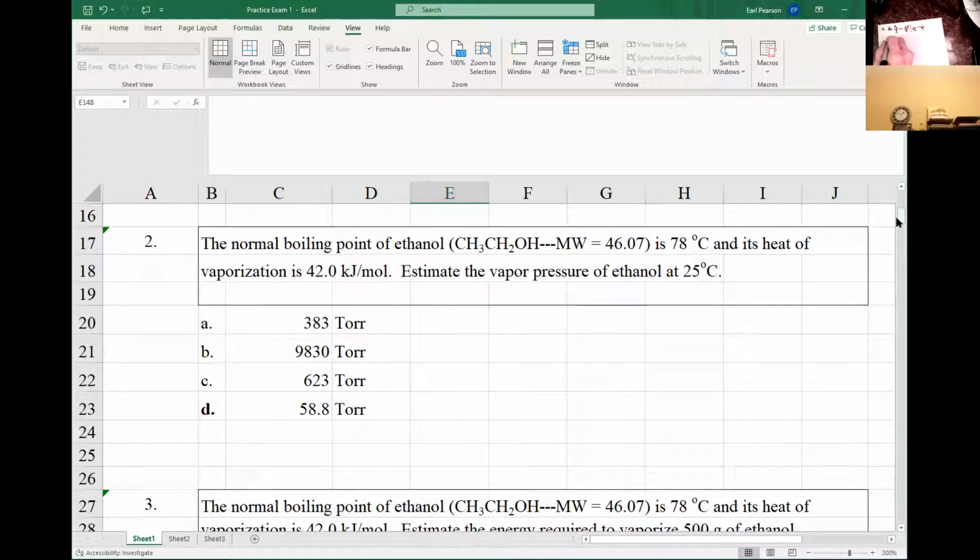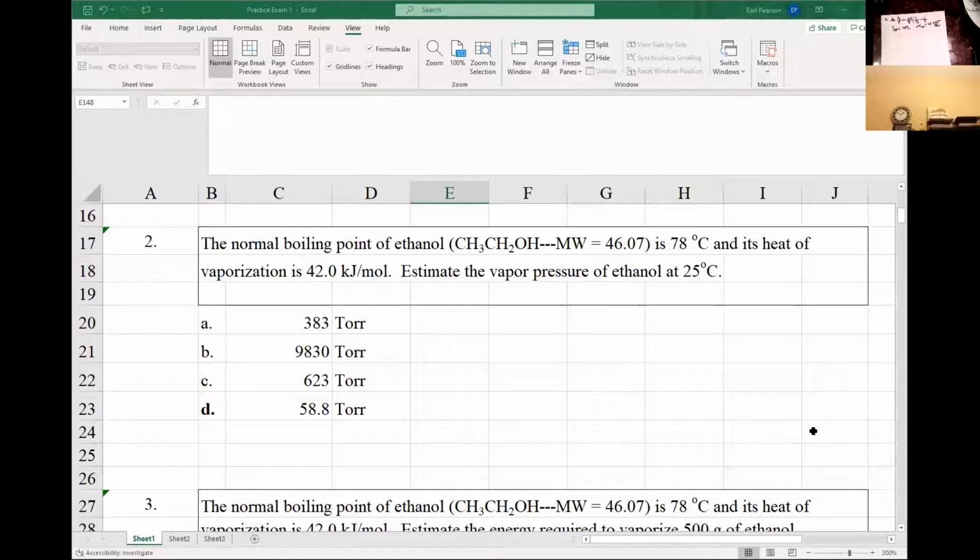And the normal boiling point, T boiling point, is 78 degrees Celsius, and the delta H of vaporization is given as 42.0 kilojoules per mole. Now let's stop the share and look at the paper a little bit better.